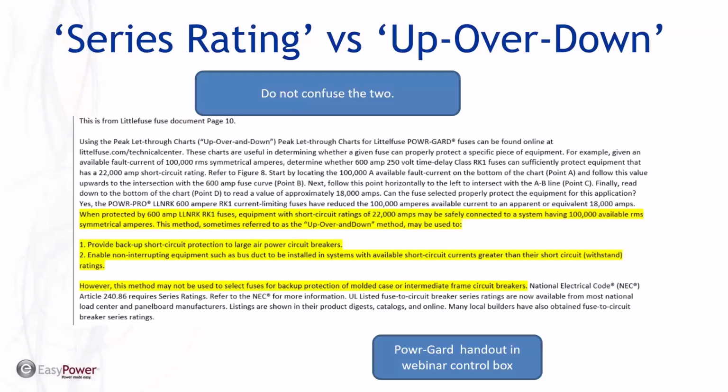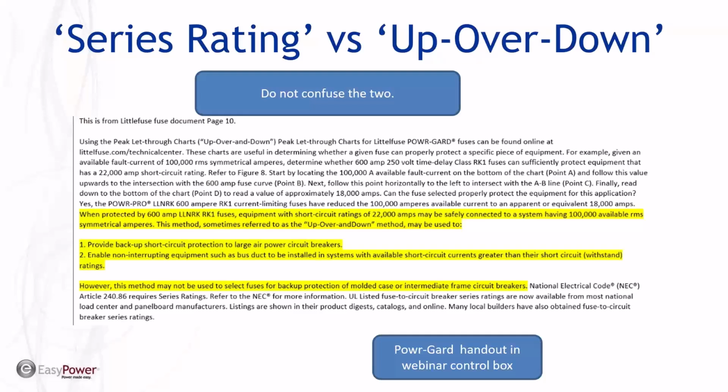And I'm going to come back to the first paragraph later, but what I want to focus on is what I've highlighted in yellow, starting at number 1: provide backup short circuit protection for large air power circuit breakers and enable non-interrupting equipment such as bus ducts to be installed in systems with available short circuit currents greater than their short circuit withstand ratings. However, this method may not be used to select fuses for backup protection of molded or intermediate frame circuit breakers.